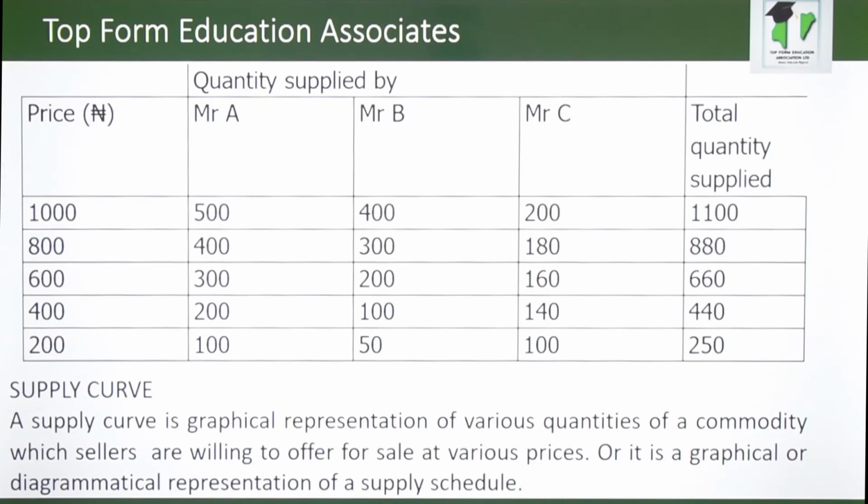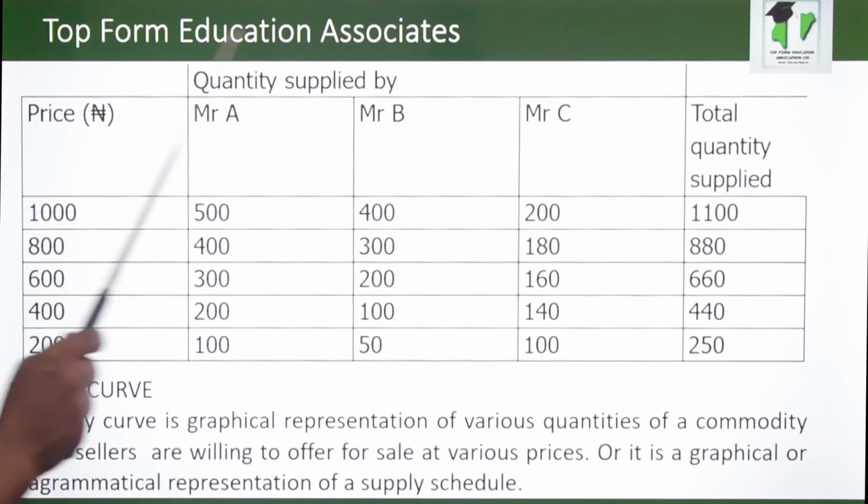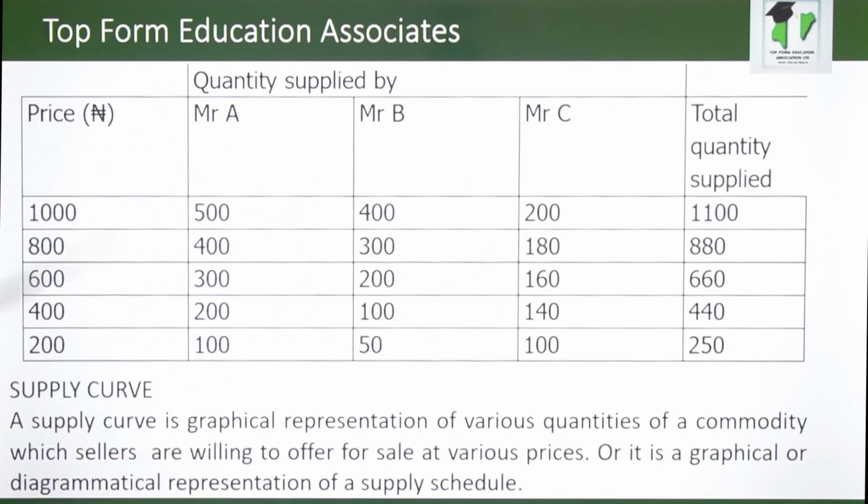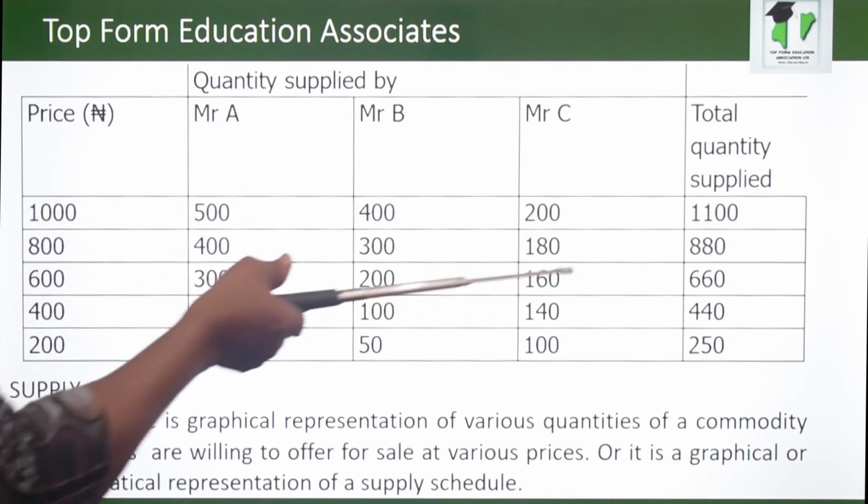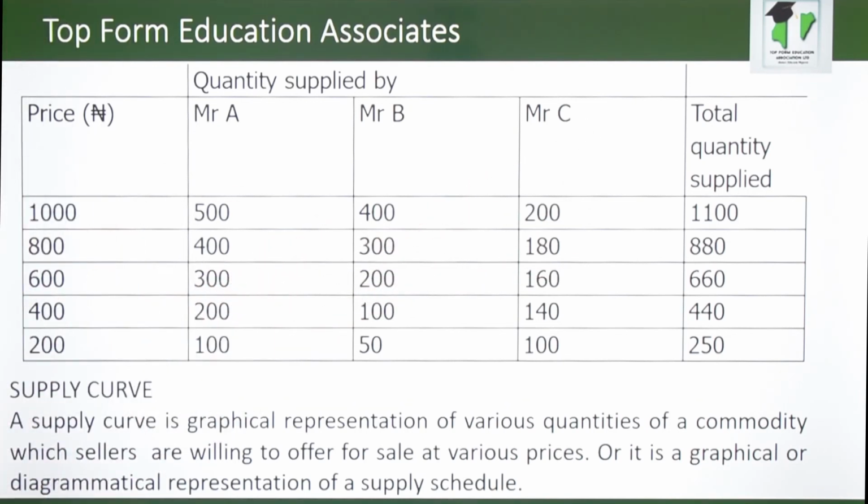Unlike demand and price that are inversely related, price and quantity supplied are directly related. As price increases, quantity supplied increases, but as price decreases, quantity supplied decreases. You can see when the price decreased to 200, quantity supplied decreased to 250. That is for the supply schedule.